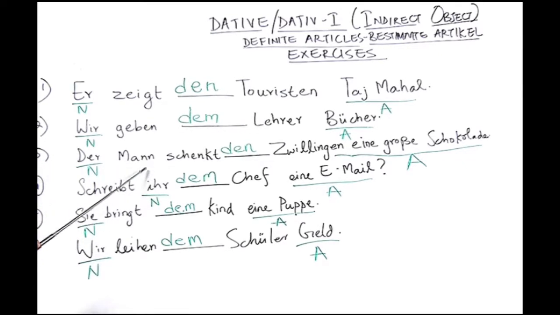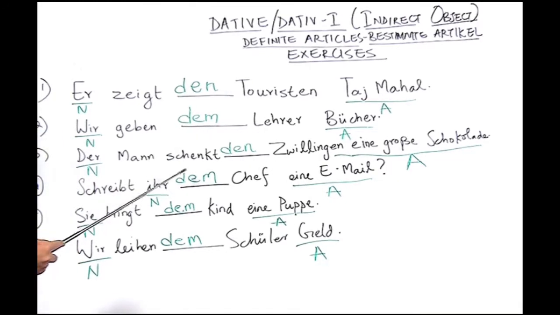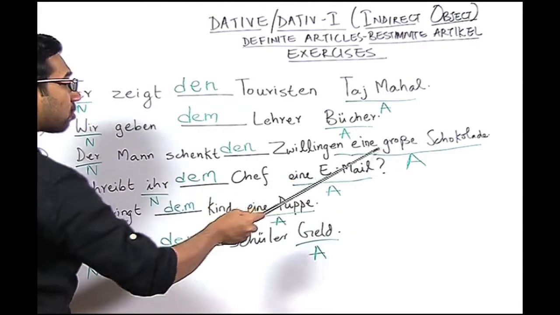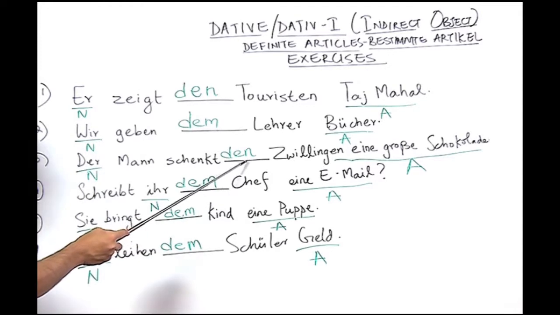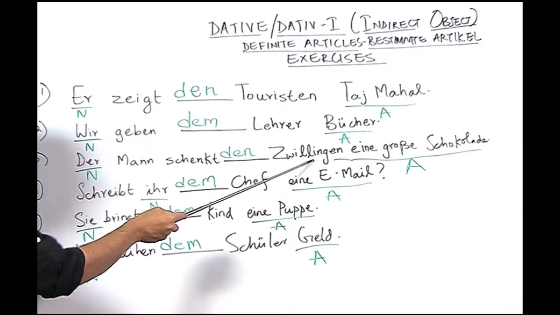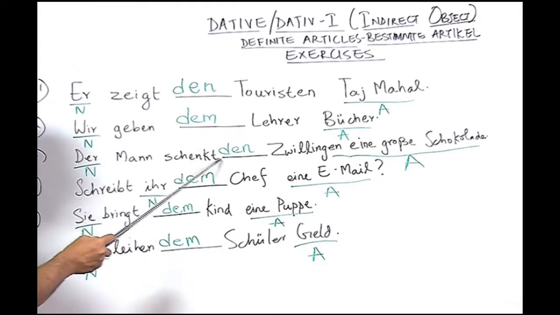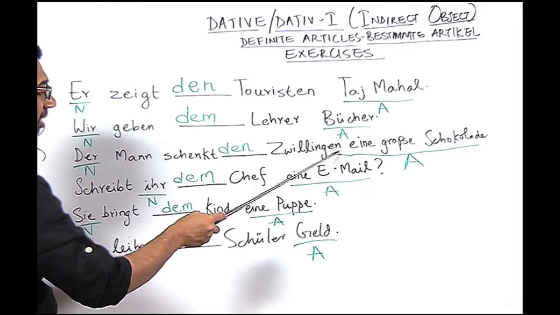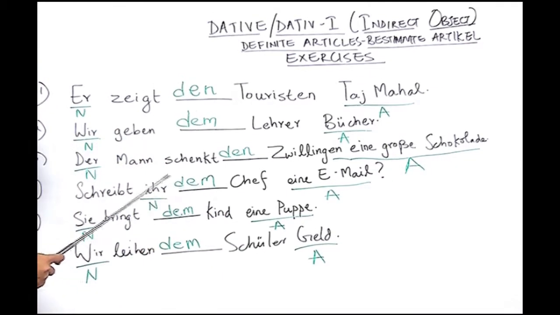We have to ask now the question, Mann schenkt, what does the man gift? A big chocolate, eine große Schokolade, which becomes the accusative. To whom? That means the twins in German, or Zwillingen, and the article for plural is den in dative, and the student has also marked the ending n, which is the dative plural marker.